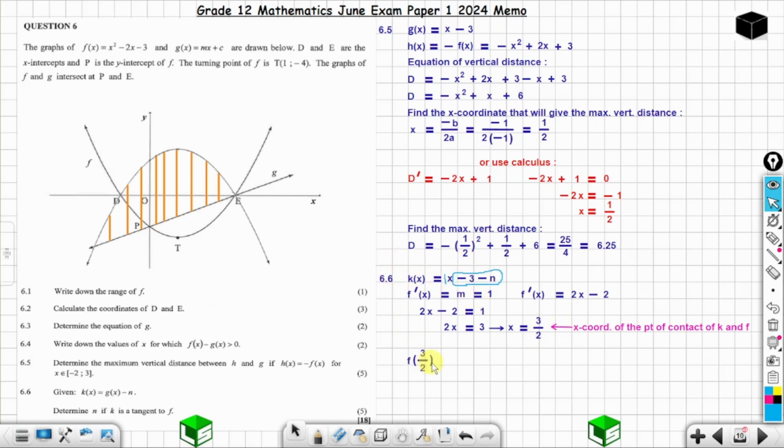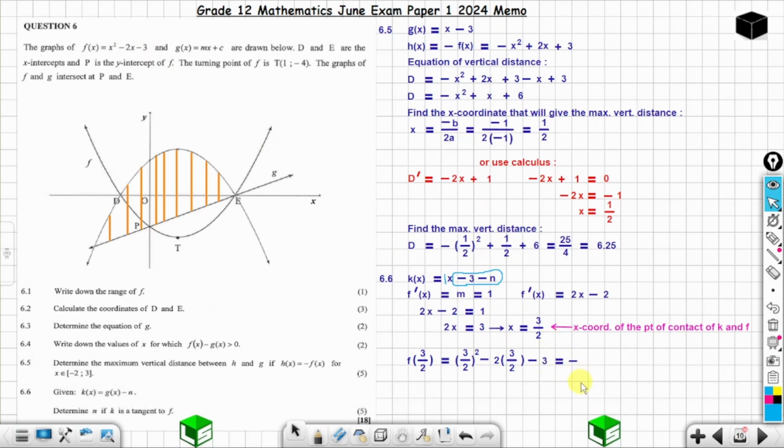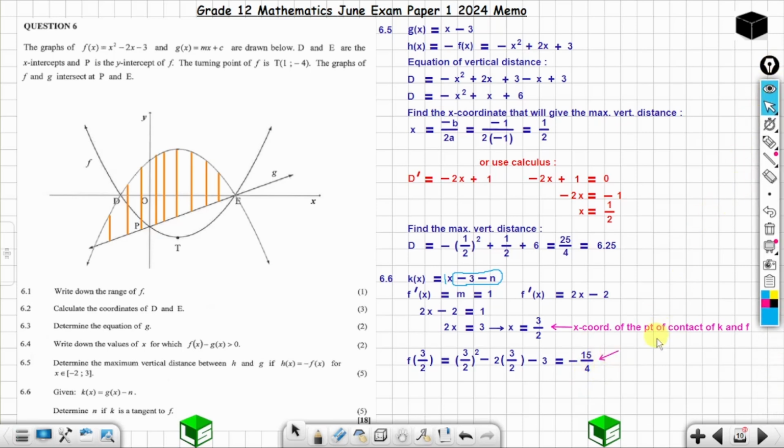So we can find f of 3 over 2, which is equal to minus 15 over 4. So this is the y coordinate of the point of contact between K and F.